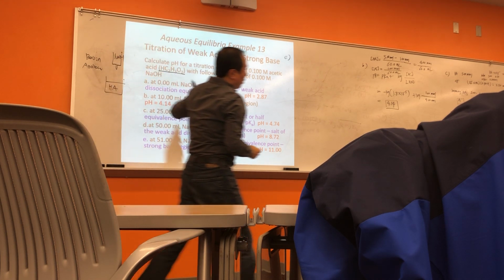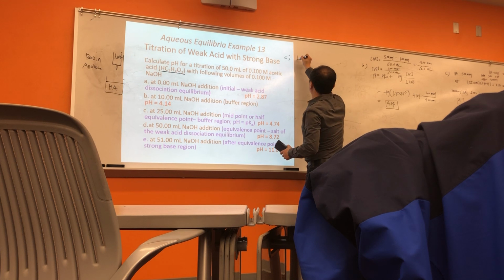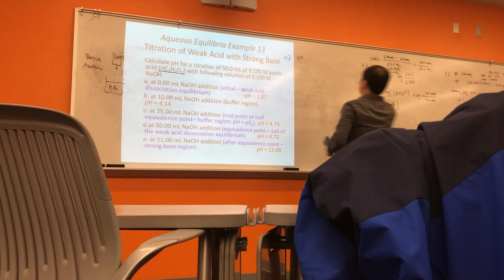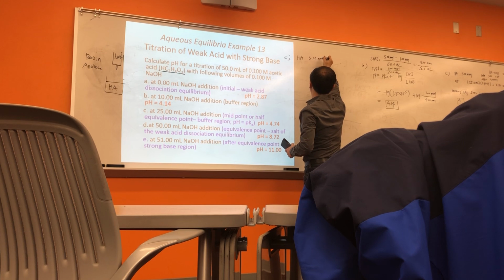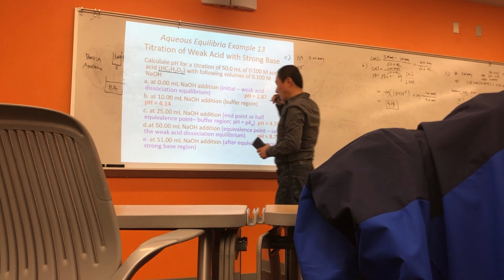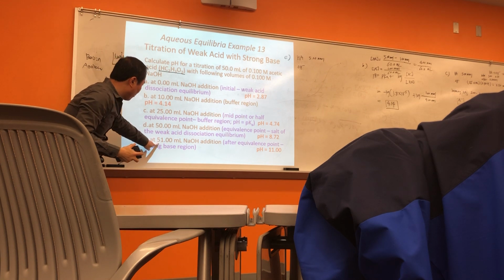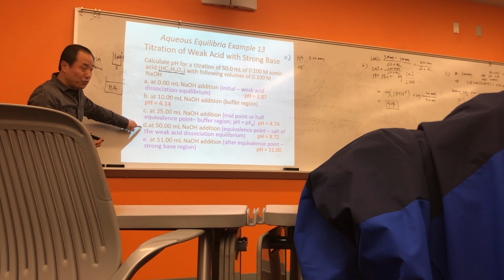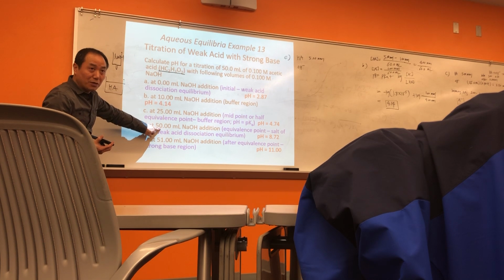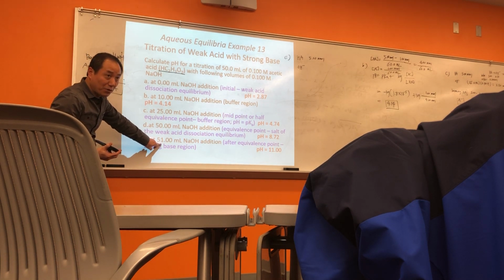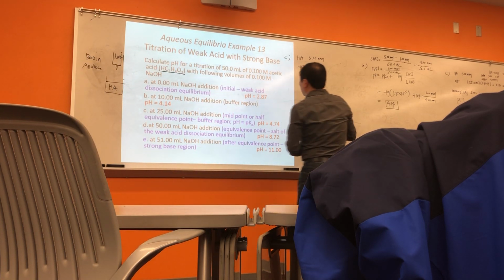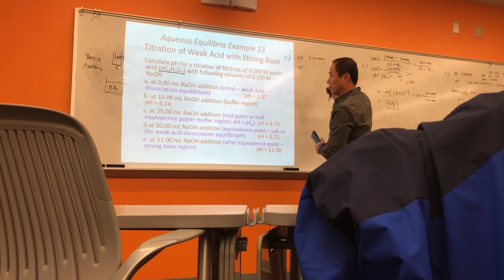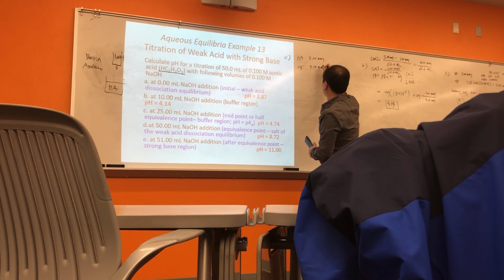We still have the same initial amount of acid. HA is still initially 5.00 millimole. Now we are adding how much base? Well, from when you did question D, you knew that 50 milliliter will completely neutralize, right? So that extra 1 milliliter will provide extra, which means you're going to have 5.10 millimole.